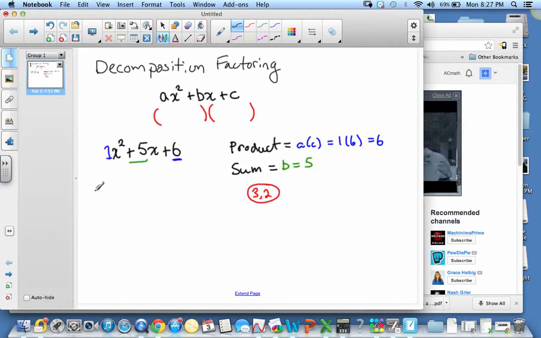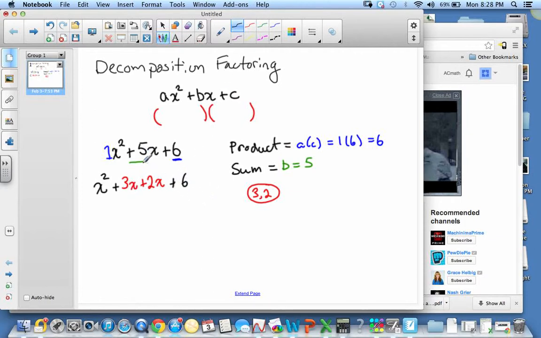So I can now rewrite this line as x squared, I'm going to leave it alone, and I'm not going to write the 1 out in front, plus, now I'm working with 3 and 2. The reason we call it decomposition is because we're taking the middle term and we're going to decompose it, or split it up, into 3x plus 2x. And then we have our 6, and it continues.